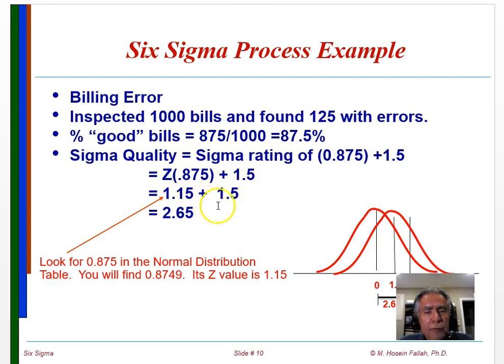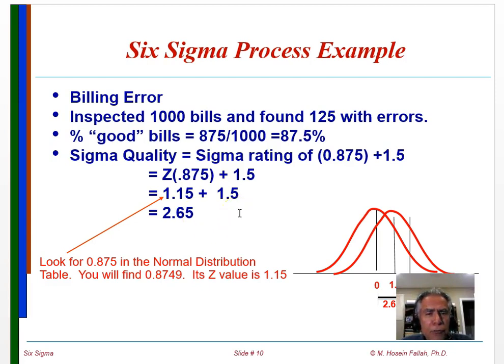Now, it's true that it's a billing process, but we still have to add the 1.5 shift in the center. That's part of the definition of Six Sigma. So this process is performing at 2.6 sigma.